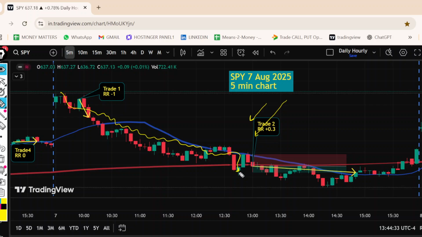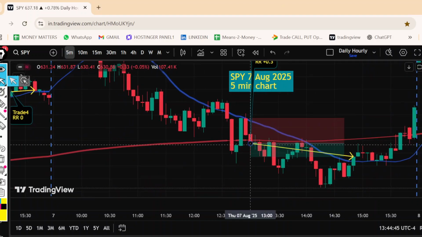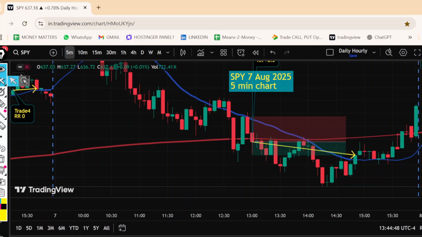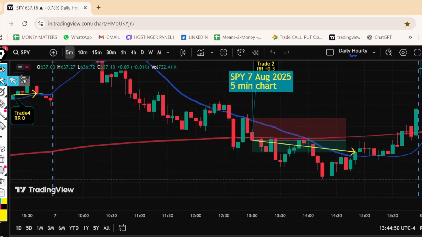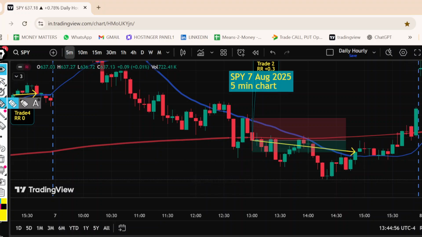So the likelihood of trade success is low, but since we want to stick to our strategy, we can take one short side. The first trade we took was on the long side, and the market has been continuously going down, so we can take a short trade on this candle.